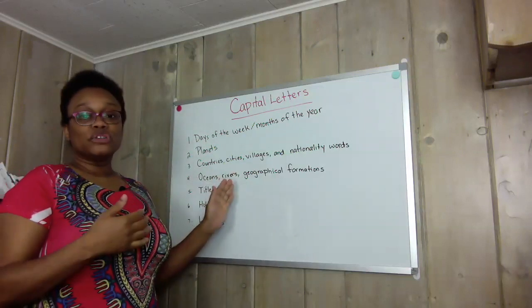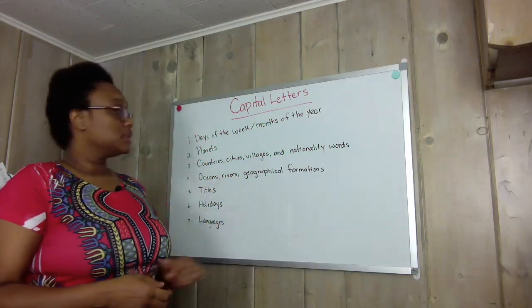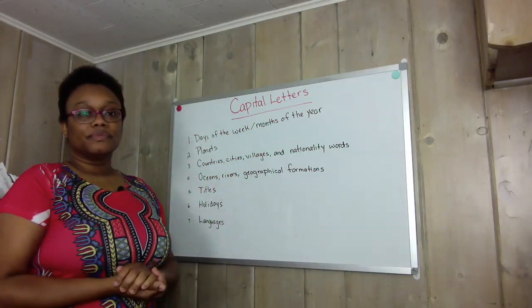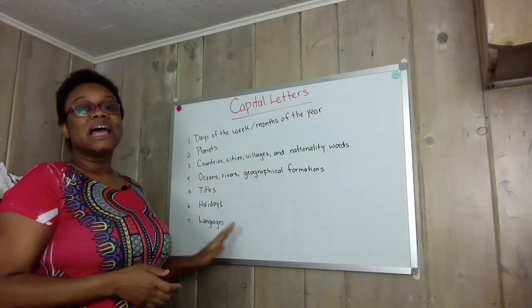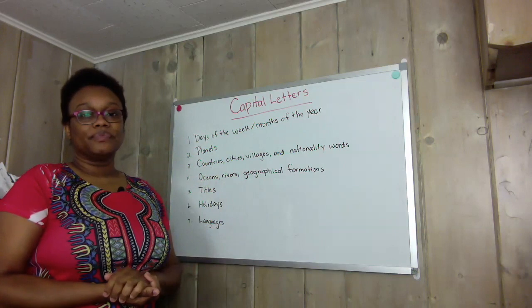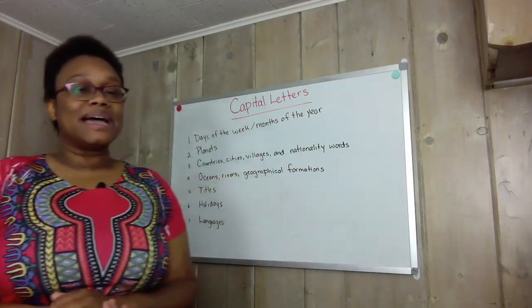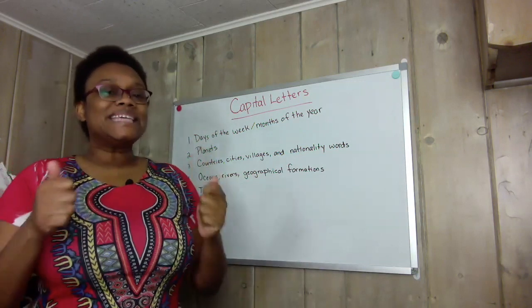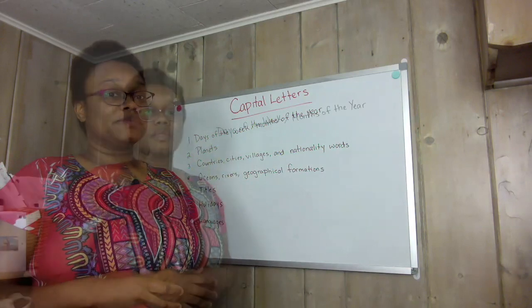Oceans, rivers, and other geographical formations. Titles. Holidays, and languages. So these are the 7 groups that are always capitalized in the English language. Let's take a look and give examples for each one of these categories.